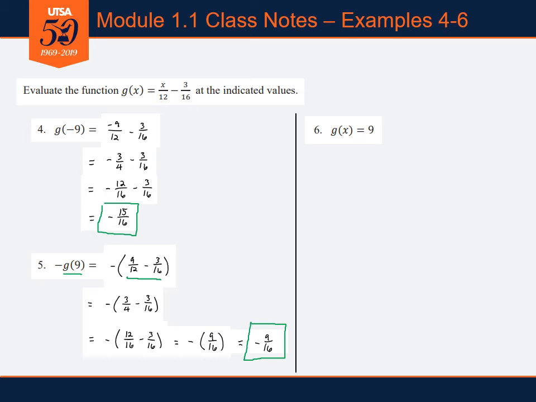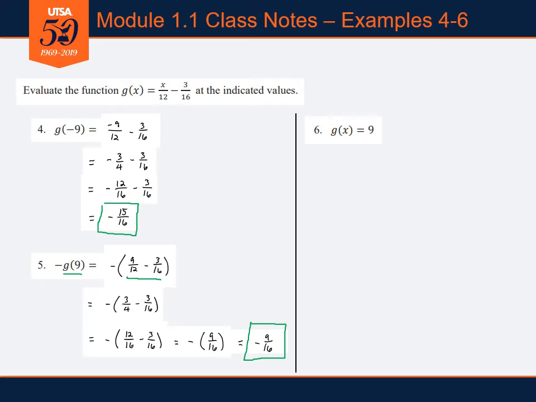And what we're asked for here is x. So one way to read this g of x equals 9 is we're trying to find the x value that is going to eventually give us an output of 9. And how do we do that? How do we find what x value gives us an output of 9?